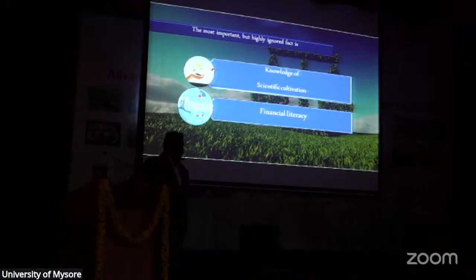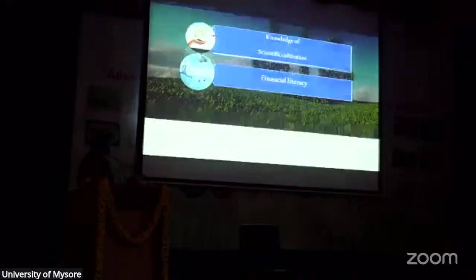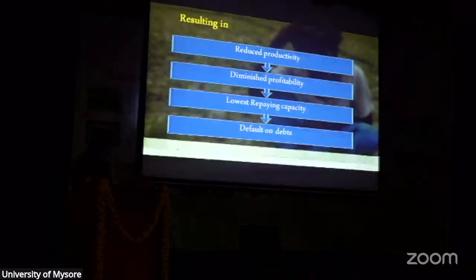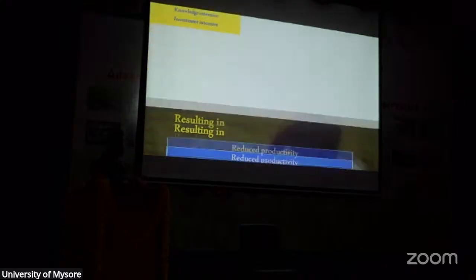Agricultural scientists have ignored the role of pollinators, and policy makers have ignored the fact that knowledge of scientific cultivation is very important to maintain productivity. They also lack financial literacy because they don't know how to earn money, save money, and invest money. Modern agriculture is actually knowledge intensive and also investment intensive.